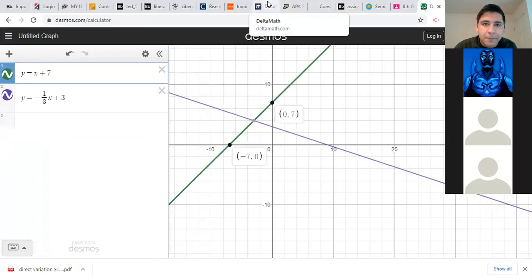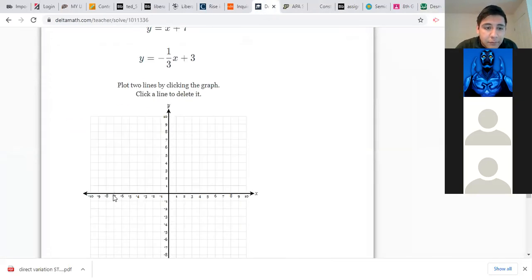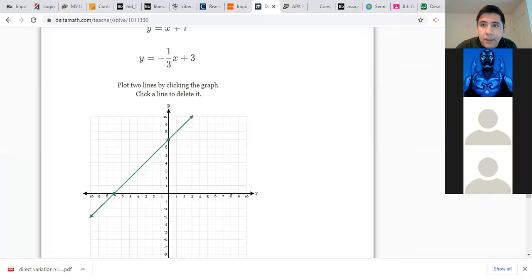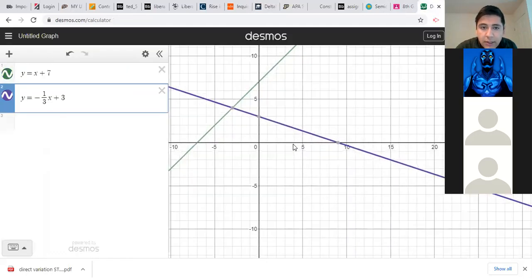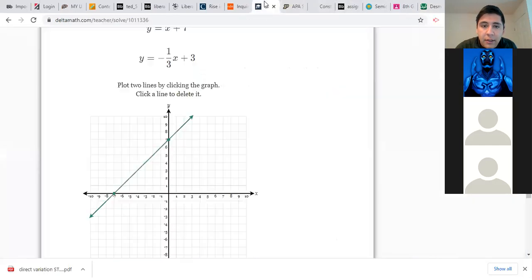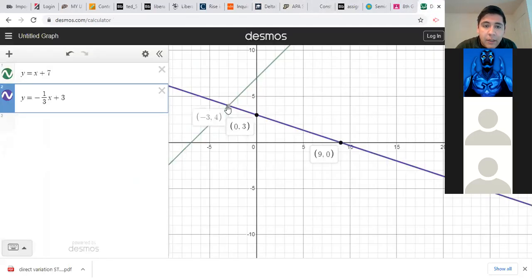So if we graph the first one, all I did was use the intercepts. So 7 and -7, and then I graphed it. And then the other one should be, let's see, 9 and 3. So once you graph it, you can see that the intersection is at -3 and 4.